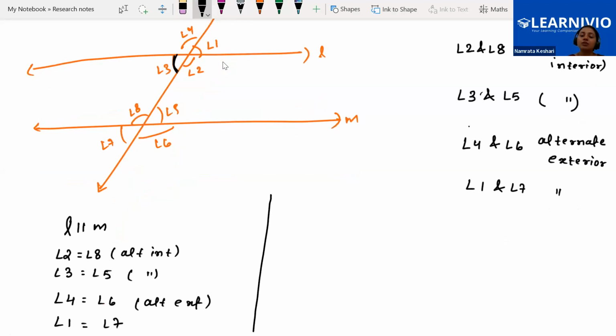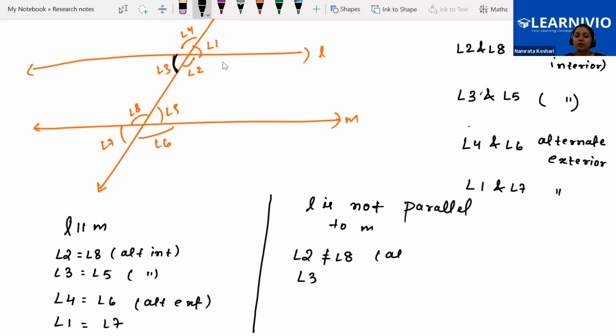Alternate exterior angle. Now, if L is not parallel to M, then still alternate interior, alternate exterior, but this time it will not be same. Here also I can write alternate interior, but these are not same.